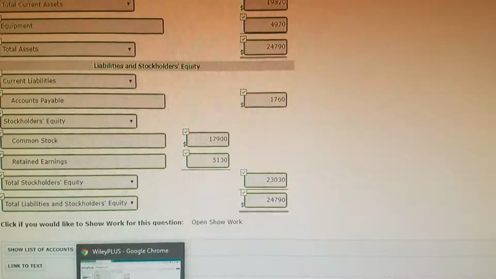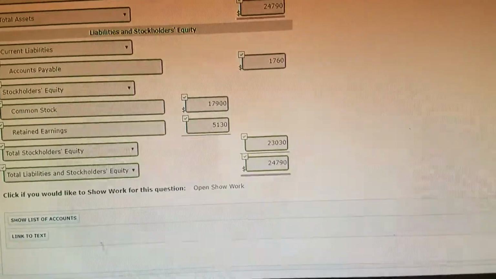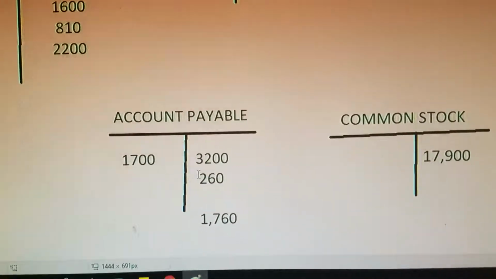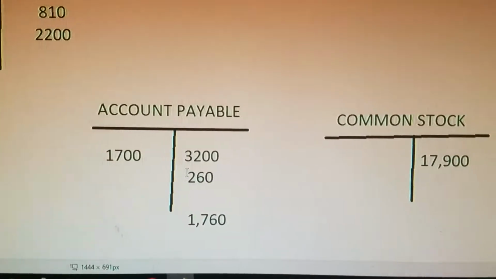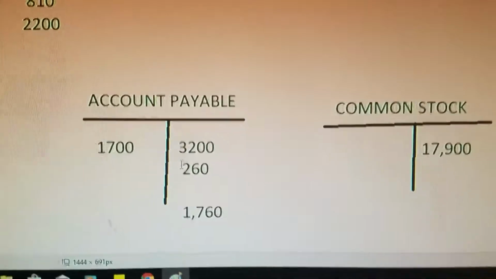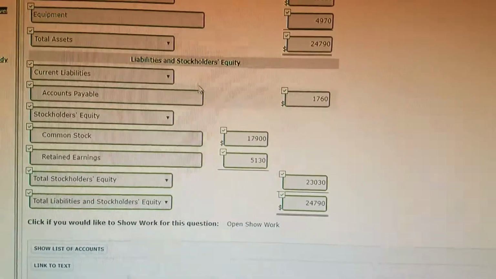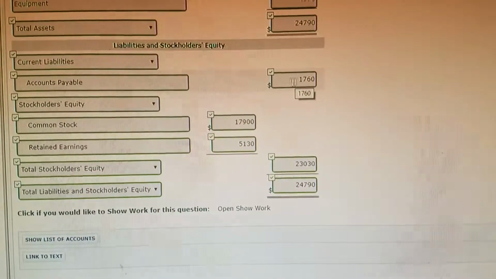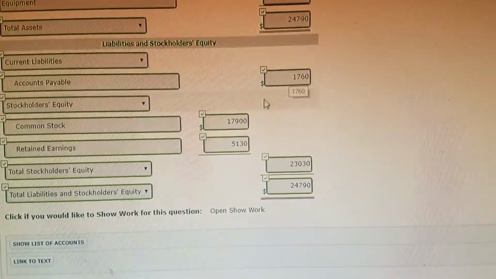Here we have a few accounts. In liabilities, we only have the accounts payable, which is composed of 3 financial transactions, having a total balance of 1,760. We move to the balance sheet and fill out the space with $1,760.